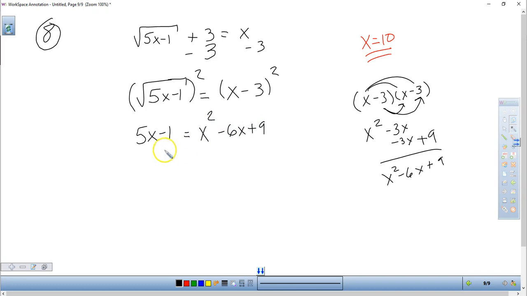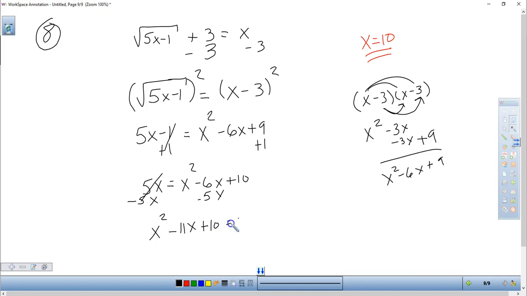Well, dealing with a quadratic again, so I need to get it to 0. Plus 1. Subtract 5x. x squared minus 11x plus 10 equals 0.